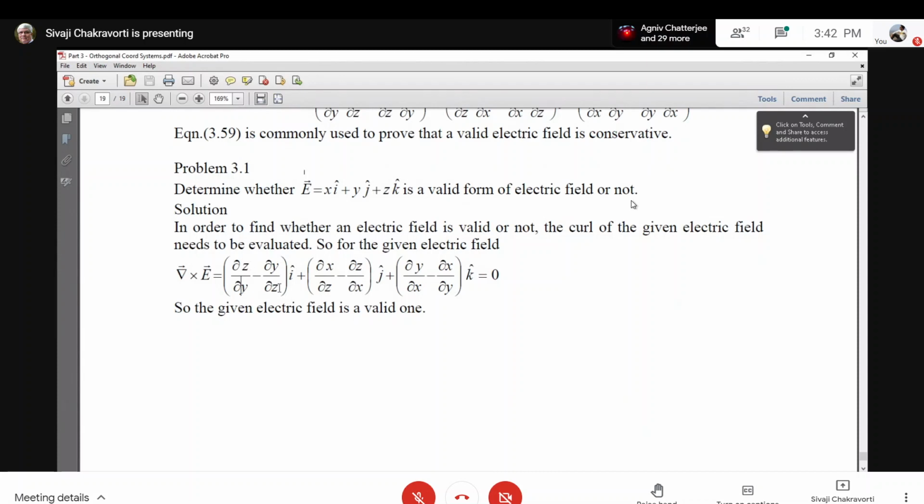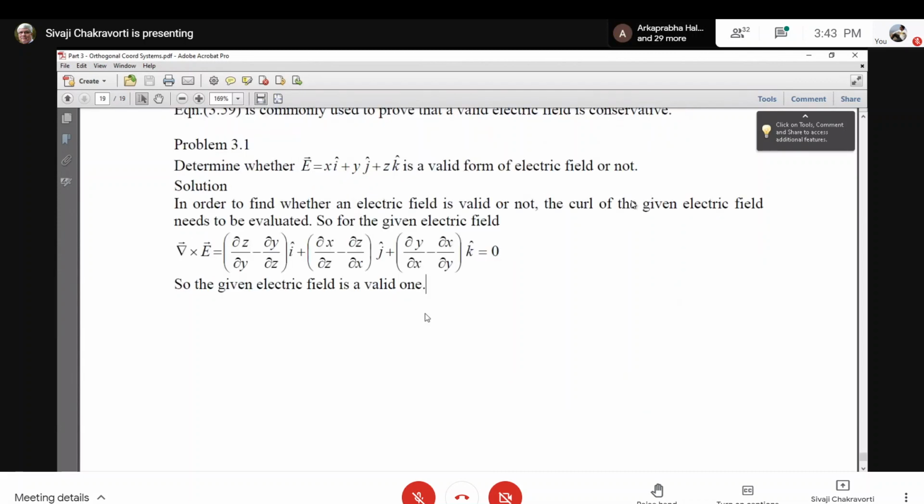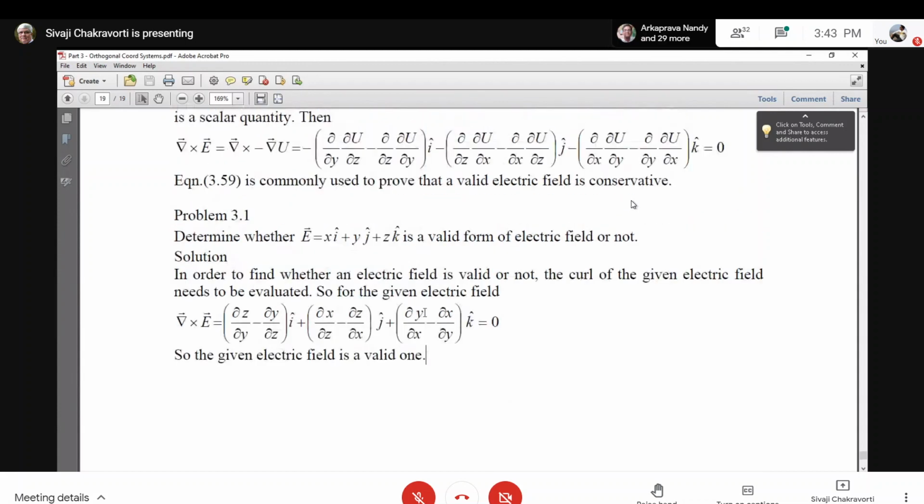Similarly, del y, del z, or del x, del z. So it will all become 0. So since curl of E is coming to be 0, the given vector field is a valid electric field. So this is just one of the ways of representing our electric field.